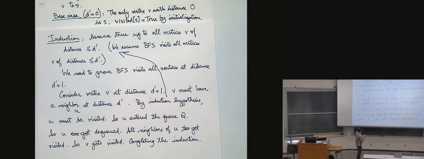It could be the fact that when U gets dequeued, V is already visited because of some other neighbor. I'm not claiming that this is happening because of U. I'm just saying that when U ends, all the neighbors end up being visited either from before or at that step.